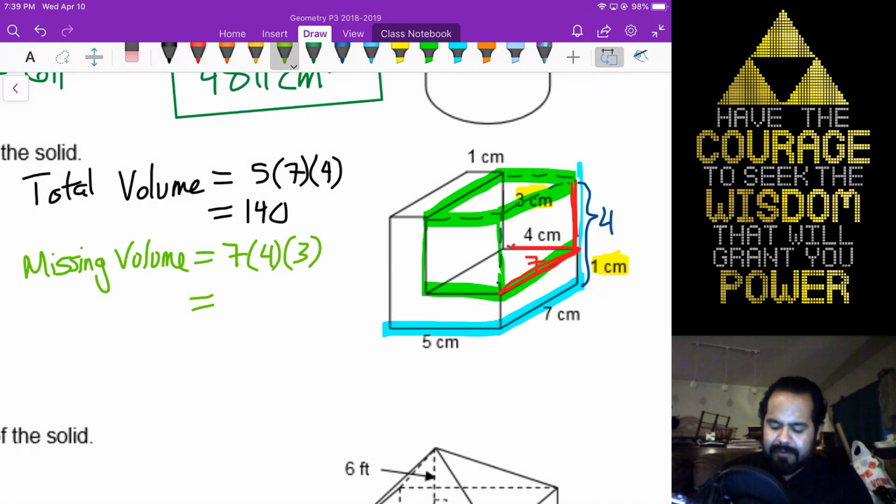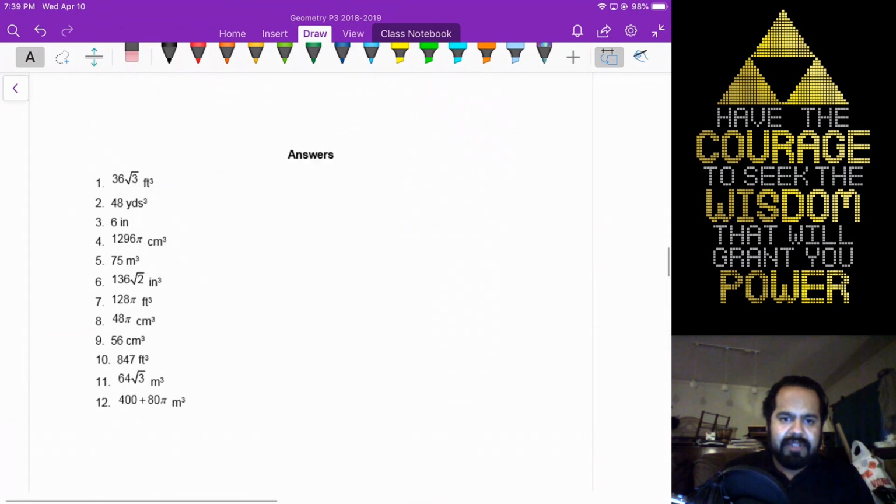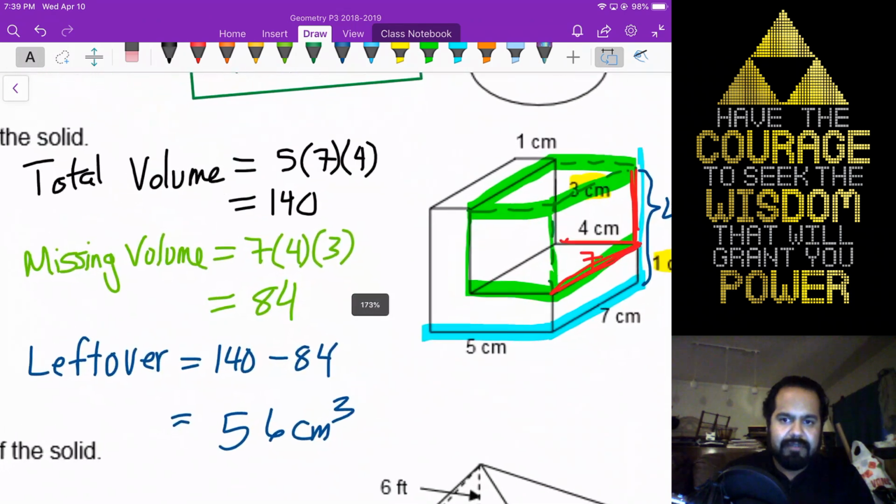So let's see here. 4 times 3 is 12. 7 times 12, 84. So the leftover section is going to be 140 minus 84. So 56 centimeters cubed. I don't know why that seems a little off. Nope, we got that. All right.